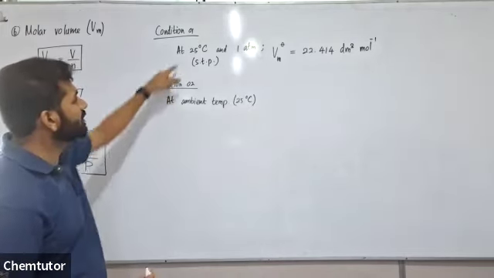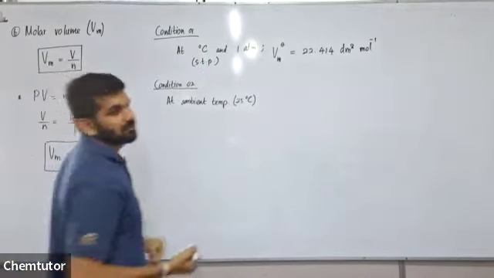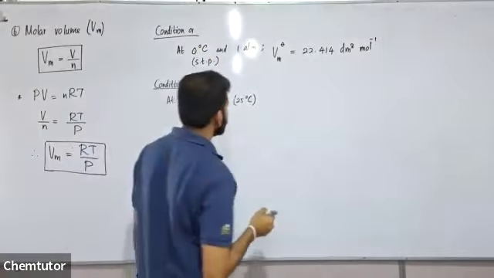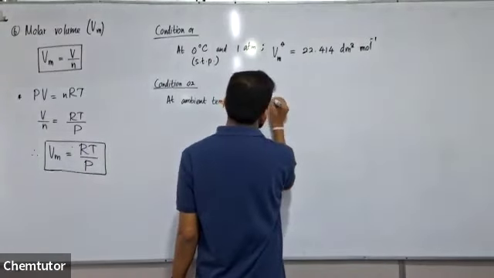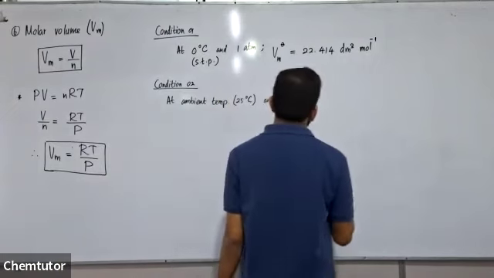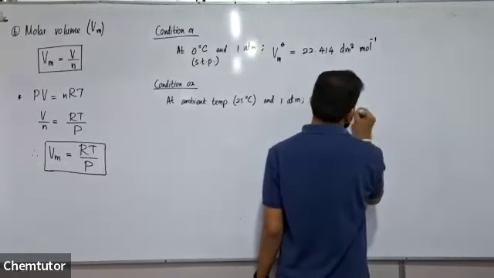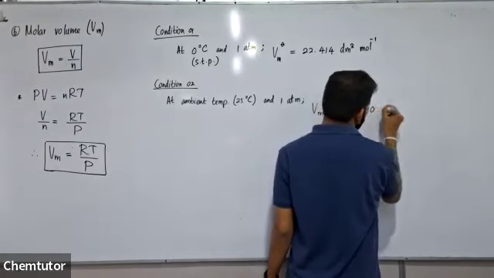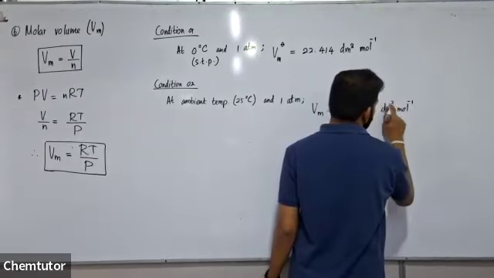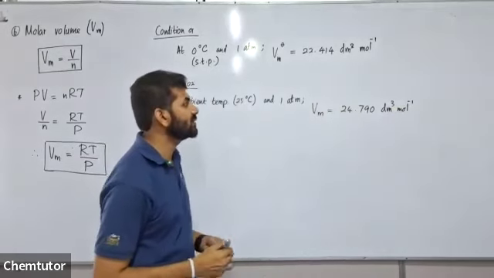Oh, sorry, I have written it as 25, it's not 25, it's 0 for the first condition. But the second is at 25 degrees Celsius and 1 atm pressure. Vm equals 24.790 cubic decimeters per mole. Those are the two values you have to remember.